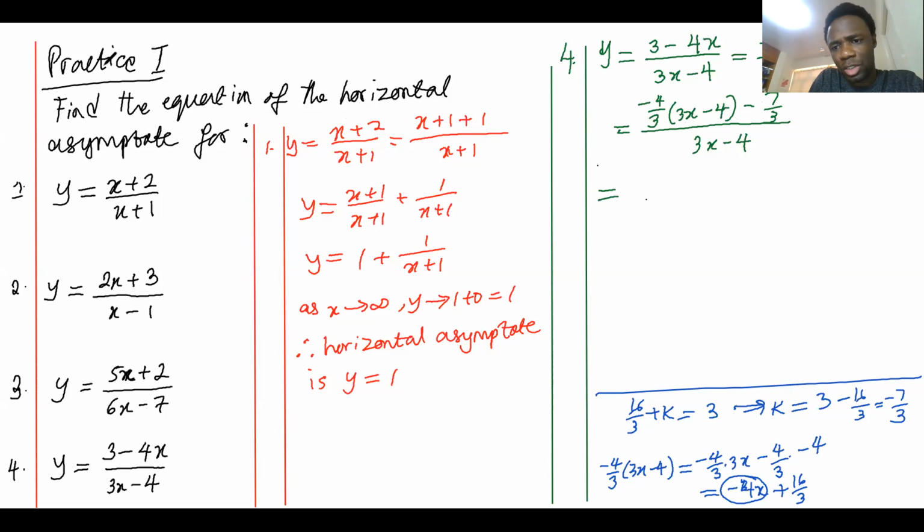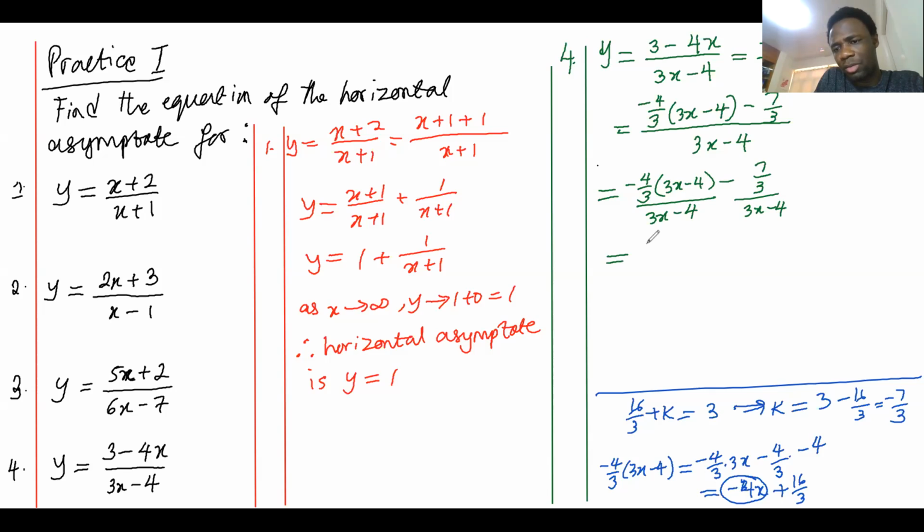Then this is going to be minus 4 over 3 divided by 3x minus 4. Remember, this is 3. So this is minus 7 over 3 divided by 3x minus 4. And there's no need to simplify this.